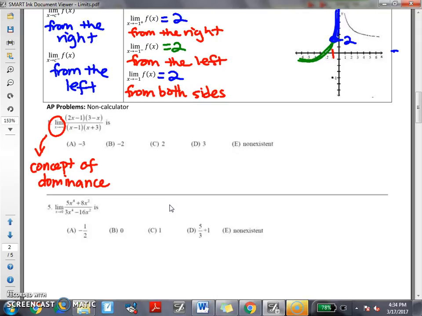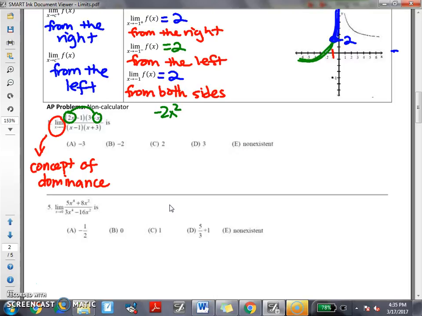Alright, so I know it looks kind of weird. Don't freak out. It's going to be the same steps. All you need to do is get rid of these parentheses, and mainly we have to look at the greatest one. So the greatest one here and here, all I do is multiply them. That becomes -2x squared.